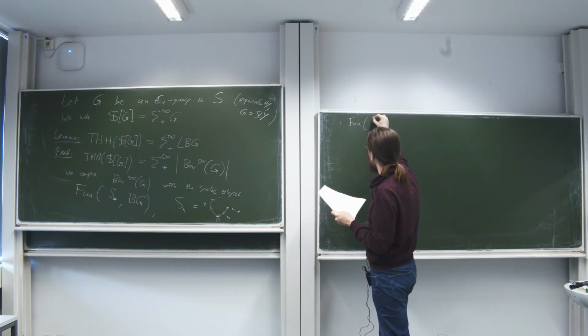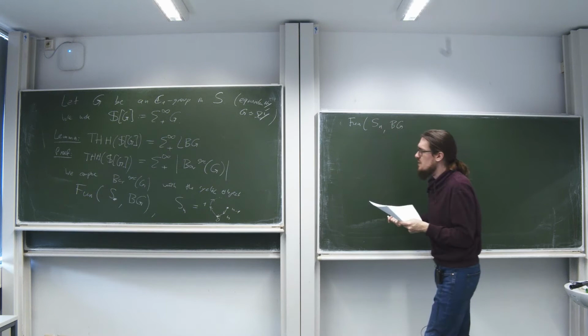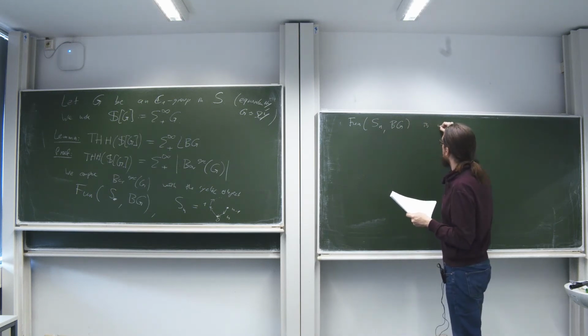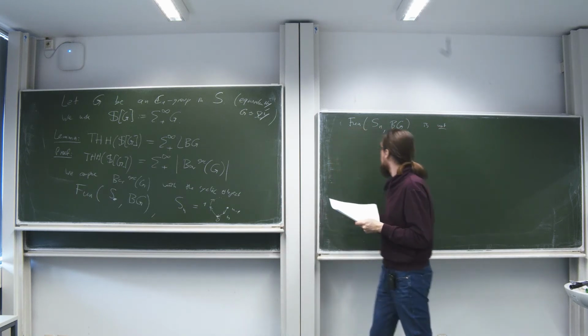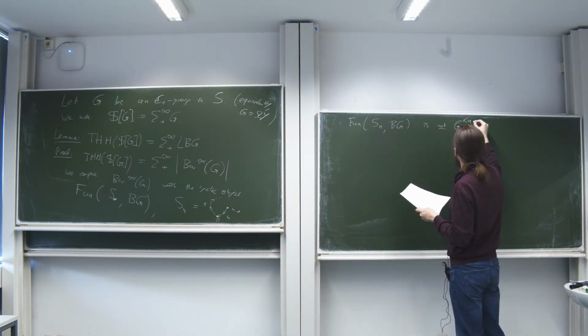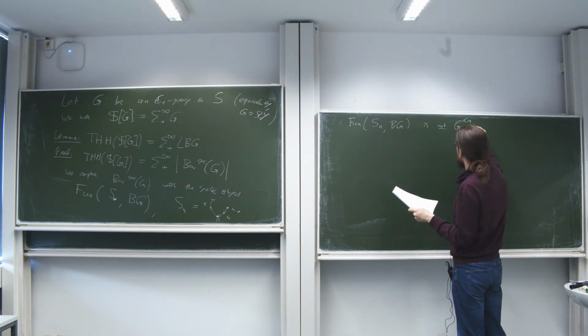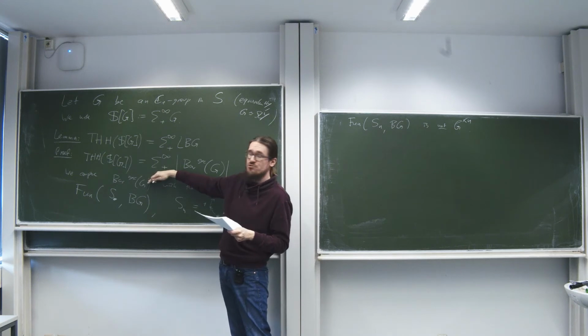Functors from Sn into BG is not simply G cross n, which is the thing you have in the corresponding degree here.